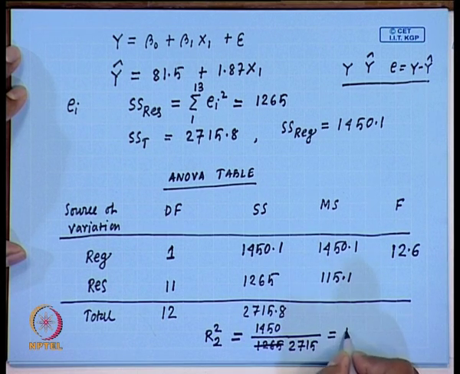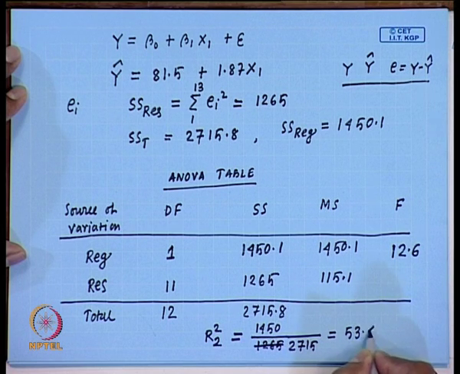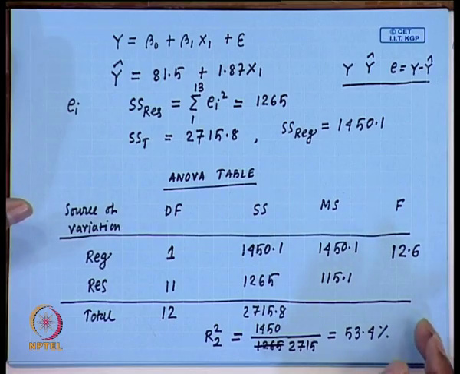This is equal to 53.4%. So, here this model is not that good because it explains the model involving the regressor variable x1 only. This explains only 53% of the total variability in the response variable.